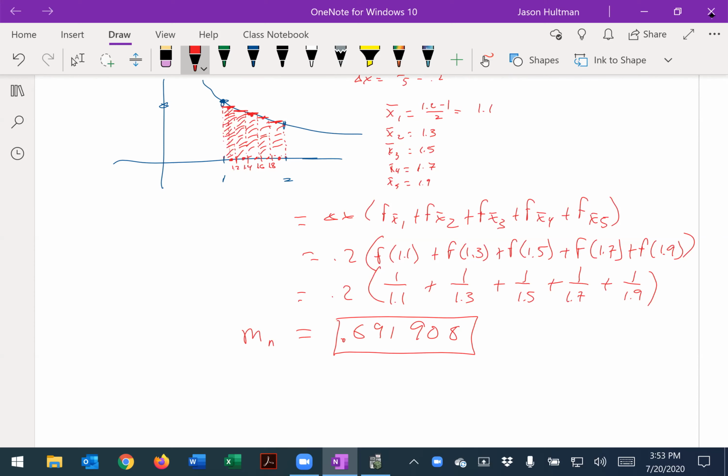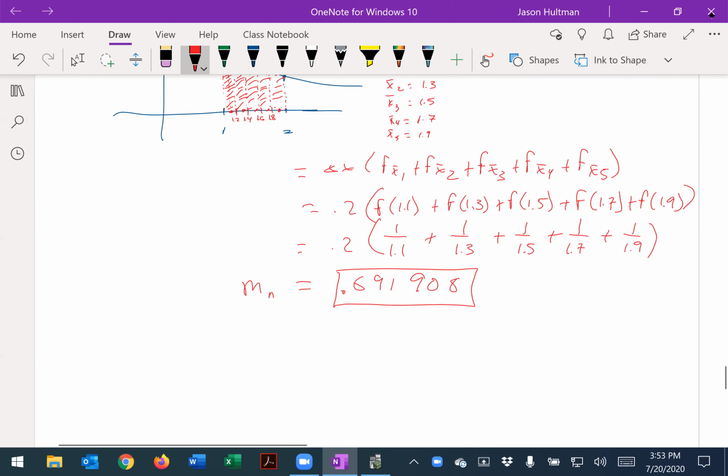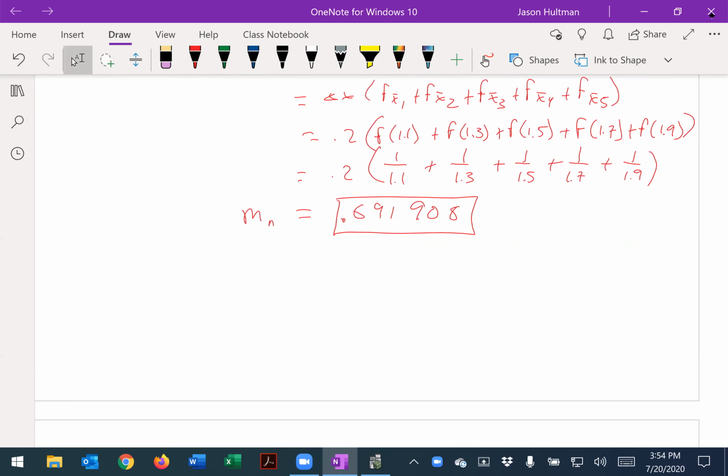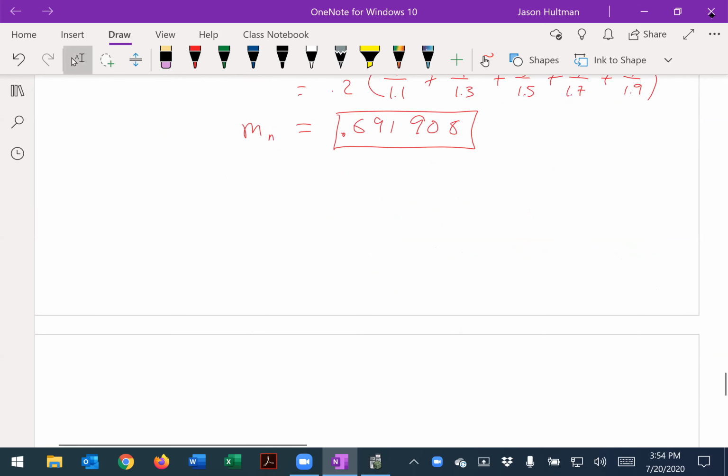It all depends on what the function is. But the midpoint rule and the trapezoidal rule are more accurate than the rectangular rules, the left and right rectangles. So midpoint gives me a good value there. Let's discuss the trapezoidal rule.